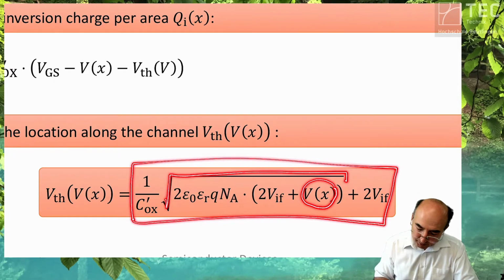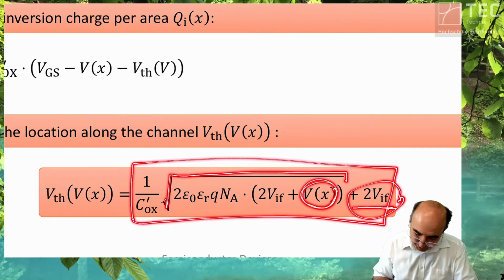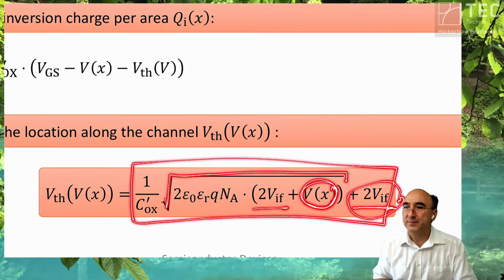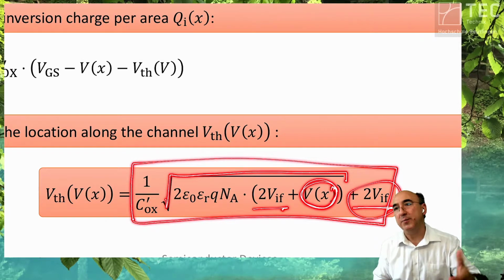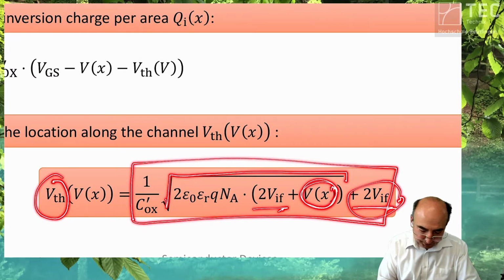This one is not affected because it is the definition, and this one is changing your defined potential. This change you have to compensate for. Therefore, the threshold voltage is at the end location dependent.